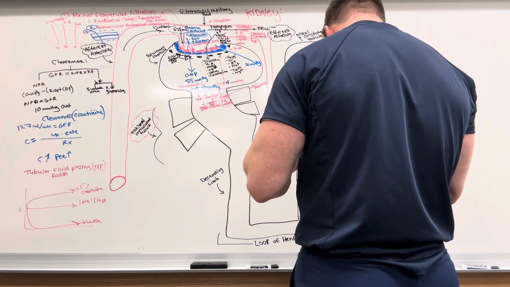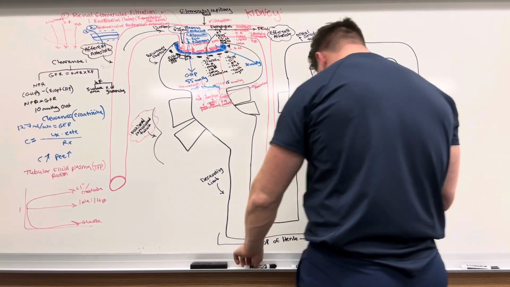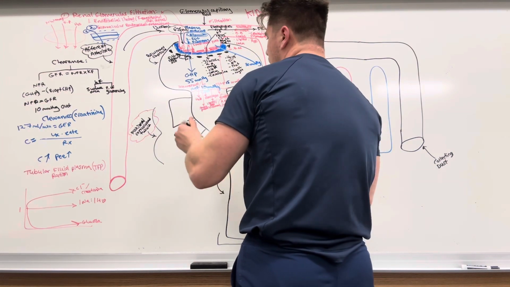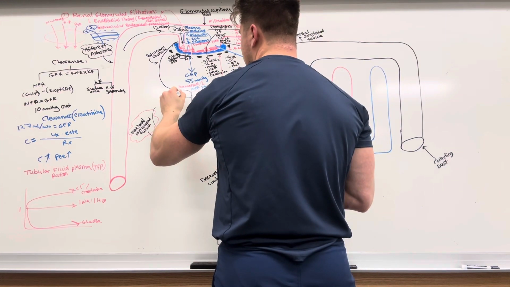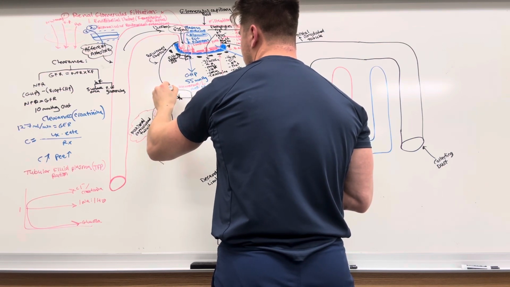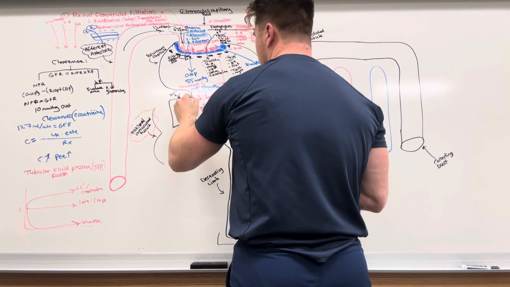Lactate and glucose enter through a transporter on the membrane. And we have a lot of sodium potassium pumps, which move 3 sodium out and 2 potassium in.